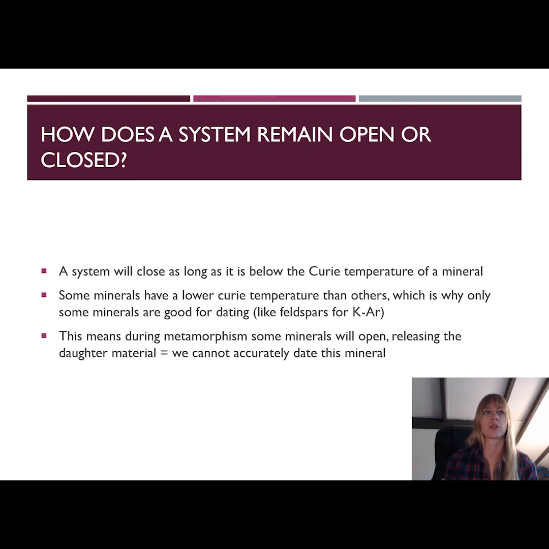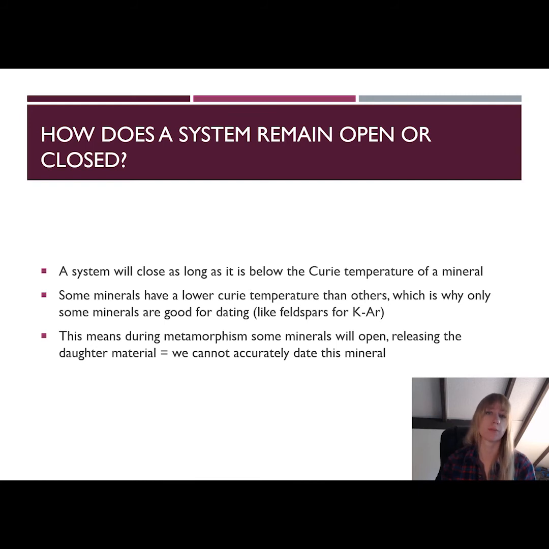So a system will close or remain closed as long as it's below the Curie point or Curie temperature of a mineral. The Curie temperature is the temperature at which certain magnetic materials undergo a sharp change in their magnetic properties. It is basically also when a mineral is cool enough that it won't undergo chemical changes anymore. Some minerals have a lower Curie temperature than others, some have higher, and it's why only some are good for dating.